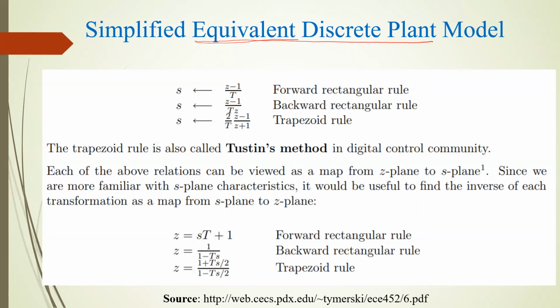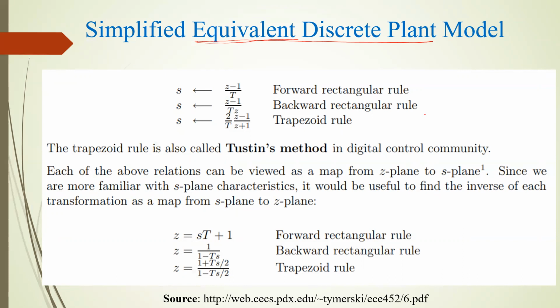For example, if our sampling time is very good, it means our sampling frequency is high, then this approximation between the S and the Z domain works better. But when the sampling time is poor or the sampling frequency is less, then these approximations may not represent our actual system behavior in discrete time domain.